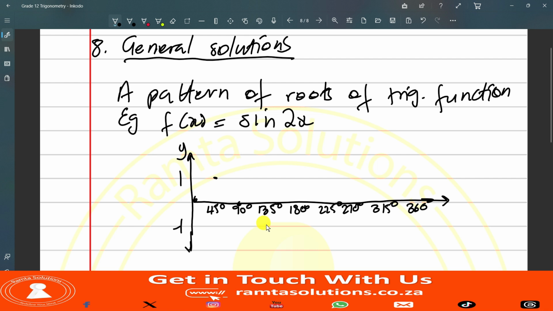Our first cycle will complete at 180. Now we go and look for the other one. You can see now that our period will be 360 divided by B. It says we complete the first cycle at 180 degrees.